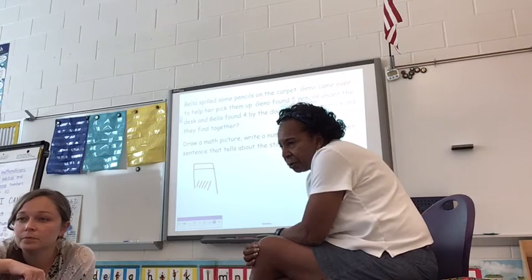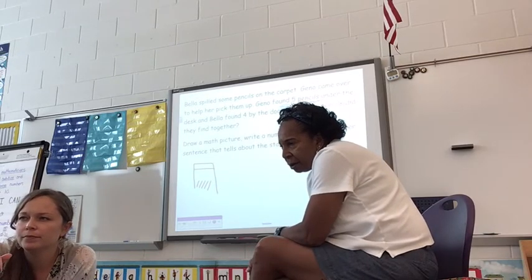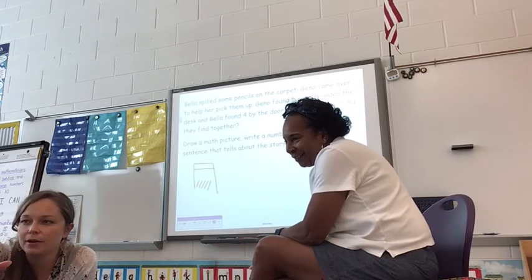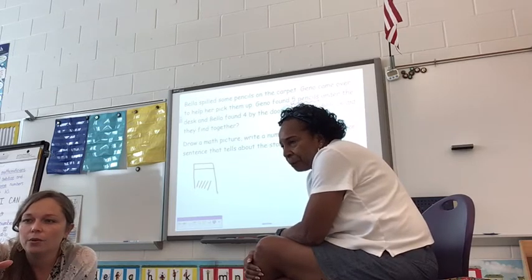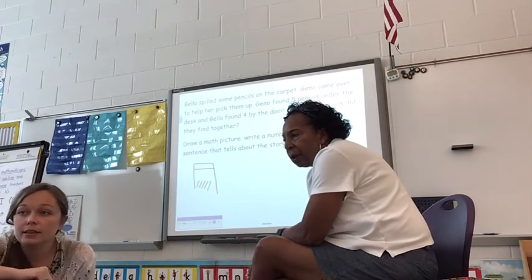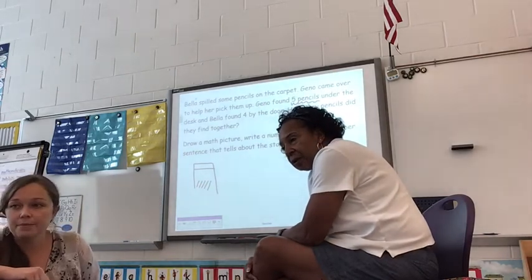I haven't seen Rakaya's yet, but she's going to. Wow, I love the details in that one. Very good. Allison looks great. Rakaya, honey, we're drawing a math picture right now, so we don't need the numbers just yet. We're drawing the desk with the 5 pencils under it.